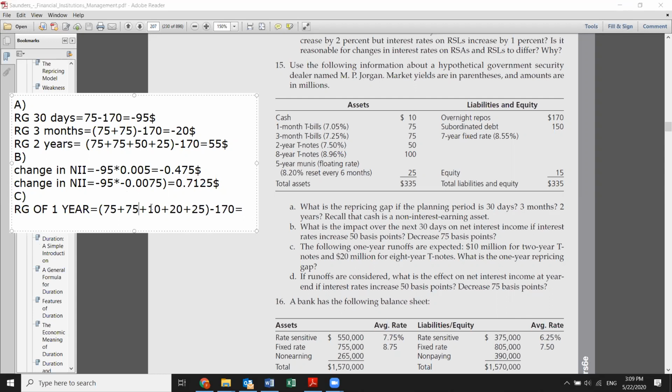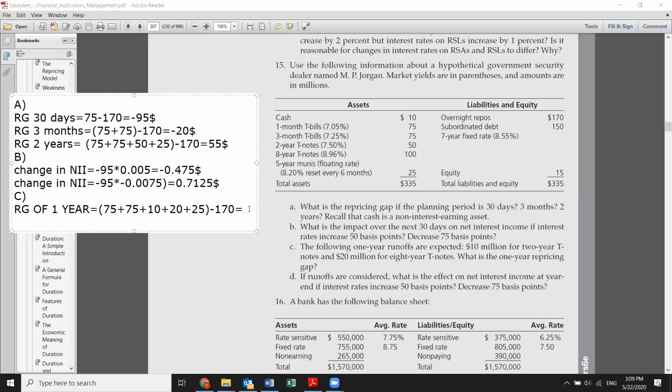So 75, 75, 10, 20, 25. 75 is okay. 10 and 20 we are including because it is mentioned in the question that 2-year T notes and 8-year T notes will be repriced within the year. So we need to consider only this, plus 25, minus 170.